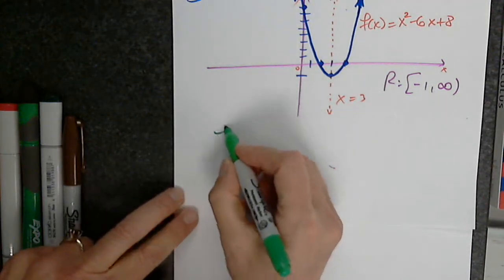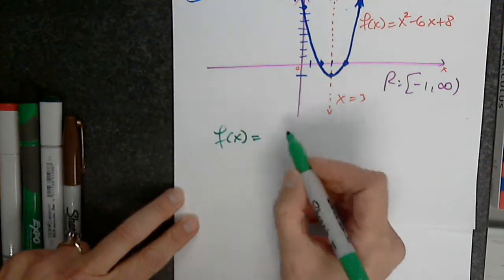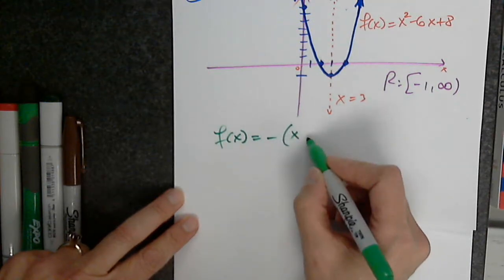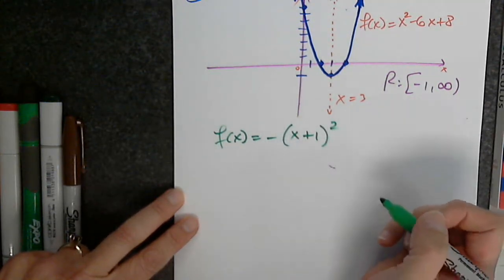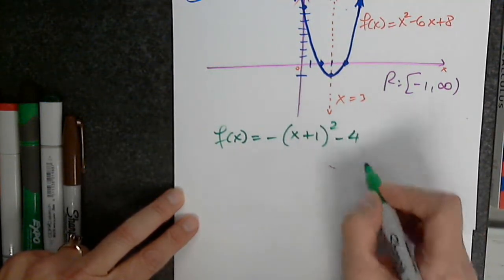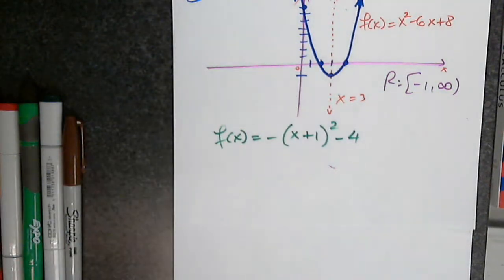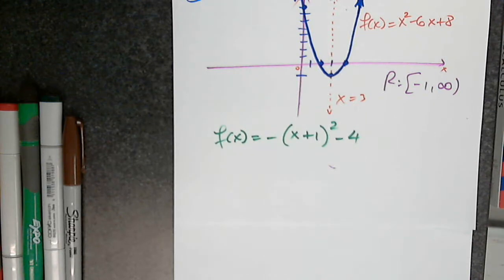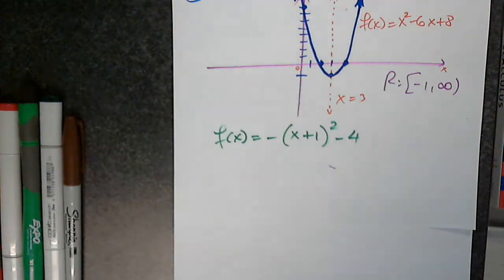So let's say f of x equals negative (x plus 1) squared, minus 4. Is this of this type?